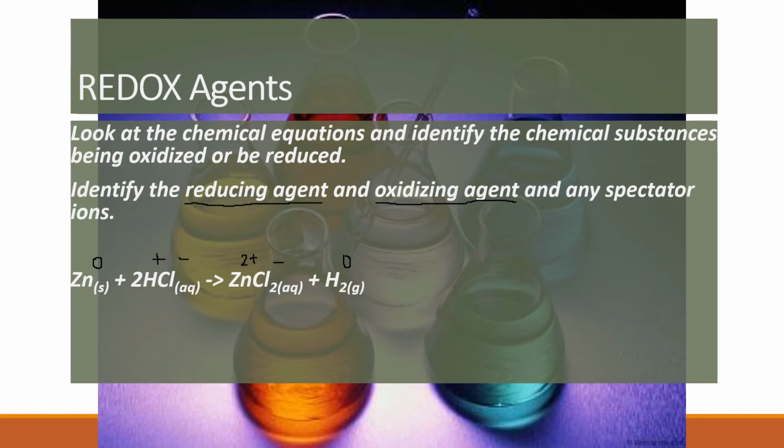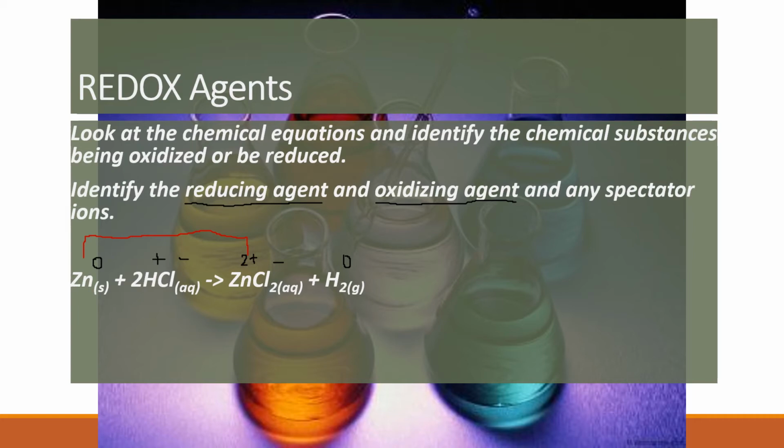What we're going to do now is look at each one before and after. So for zinc, I'm going to draw a line to connect it to the zinc here, and I want to see what's happening with the charges. What is happening with electrons? How do you go from 0 to 2+?